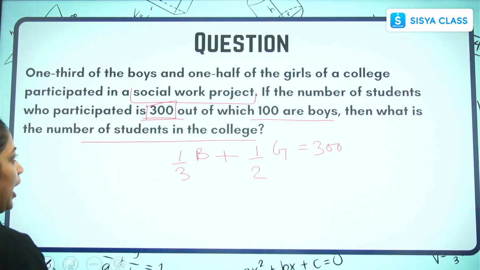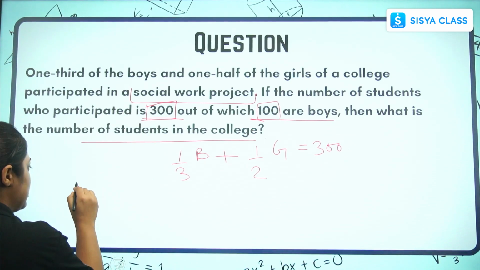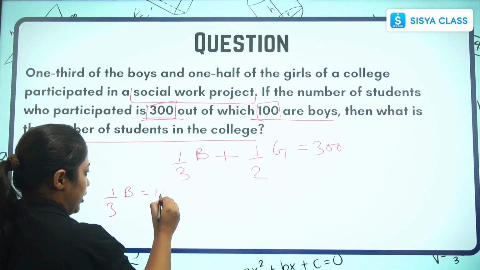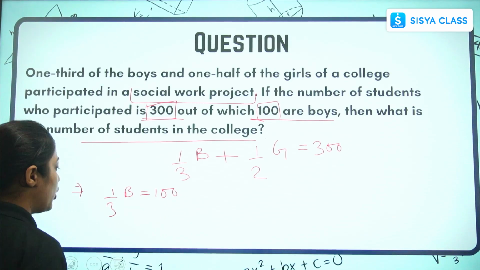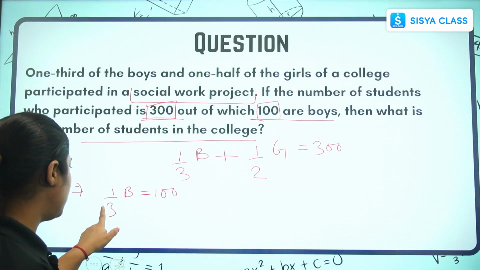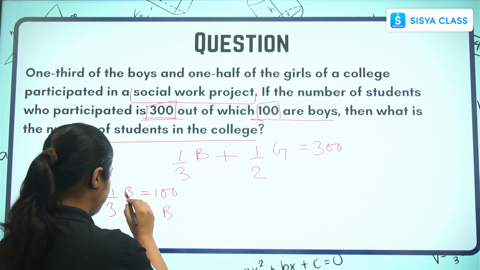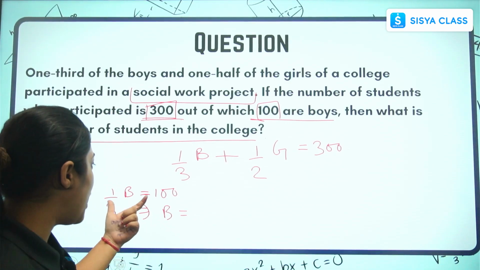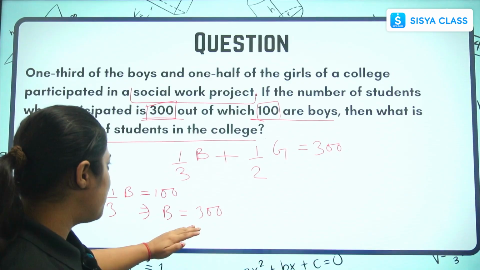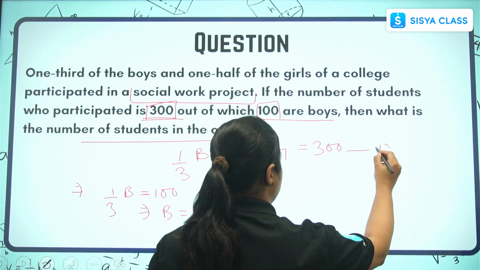Now it is given that out of which 100 boys participated. That is 1/3 of boys is 100, right? Because these boys have participated and it is given that 100 participated. So these are equal. So from here you can say that the number of boys is 300, okay? Now let's substitute this value of B in equation number 1.